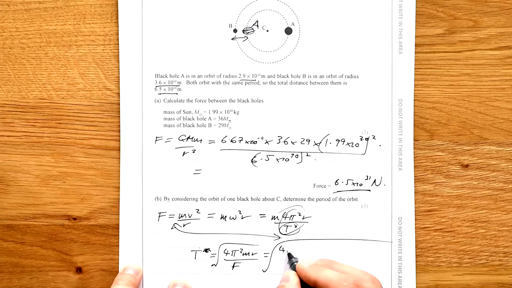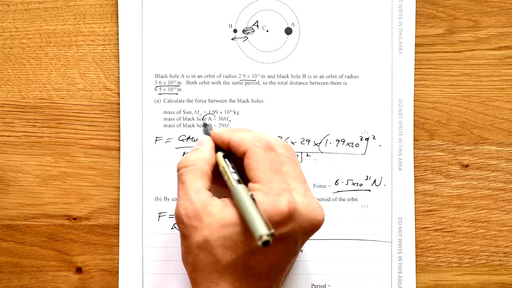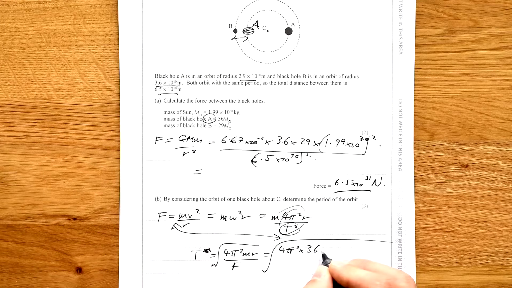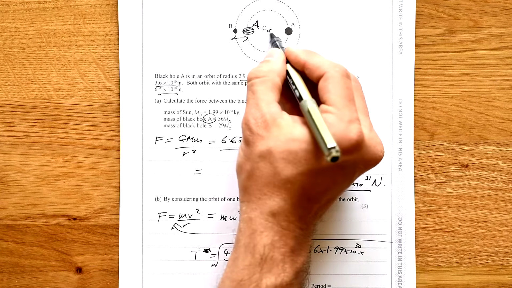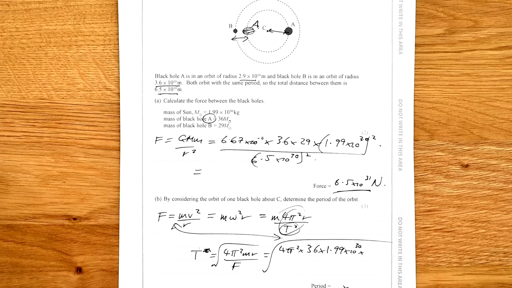So that's 4 pi squared times, now let's pick black hole A, shall we? So that's 36 times 1.99 times 10 to the 30 times the radius. Now this is the radius of the actual orbit to the center, and we're told that for A that's 2.9 times 10 to the 10, divided by the 6.5 times 10 to the 31.